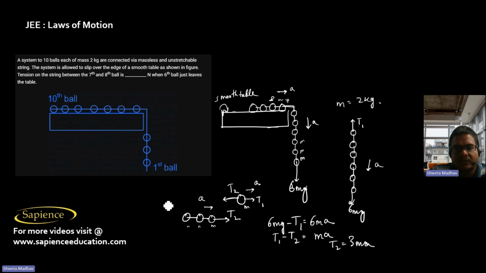And here it is asked to find T2, which is the tension on the string in between the seventh and the eighth ball.